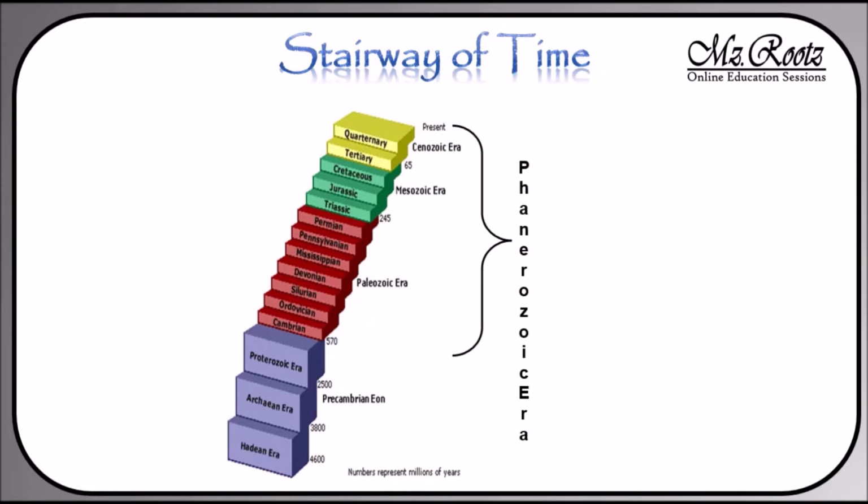On the staircase of time, the different coloured sections of the staircase show the different eras. For instance, the steps within the Precambrian eon represent different eras, while the remaining steps represent different periods.